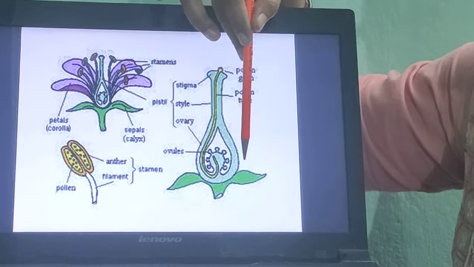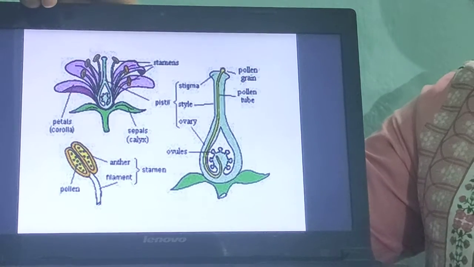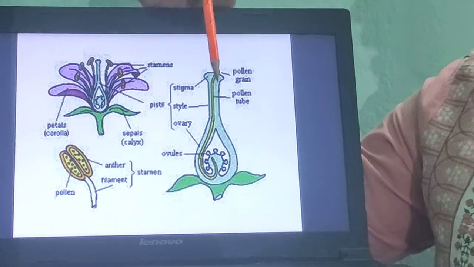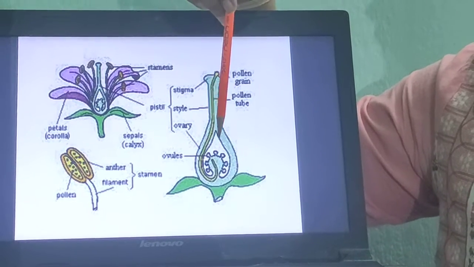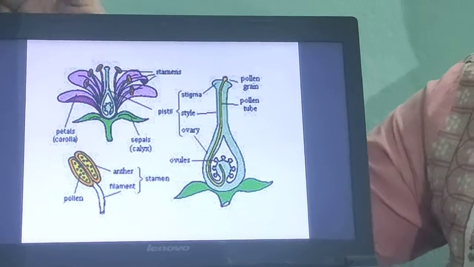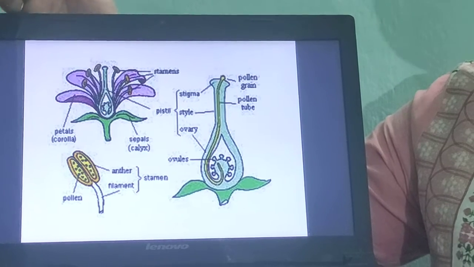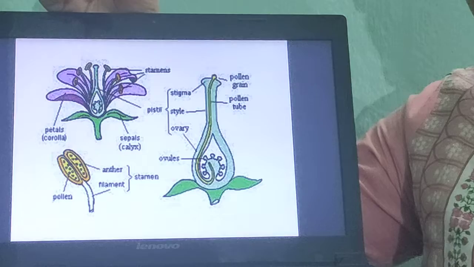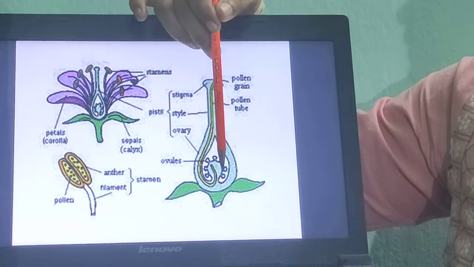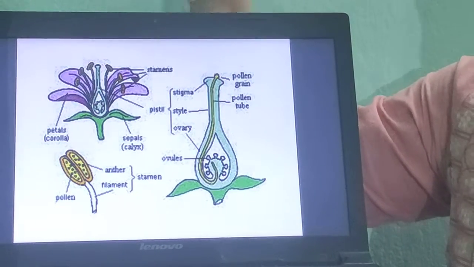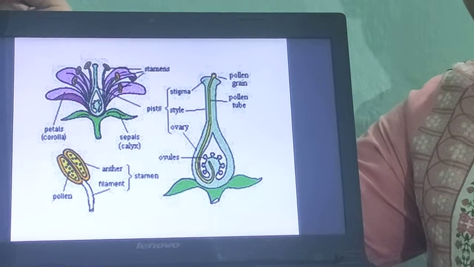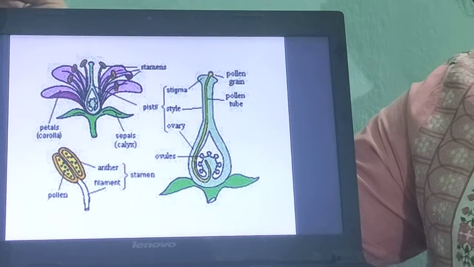Then the basal portion is known as ovary, inside which a chamber is present. That ovarian cavity consists of a number of ovules, which are known as megasporangium. This megasporangium remains attached to a wreath-like structure present inside the ovary. Again I repeat, the ovary is the basal portion.